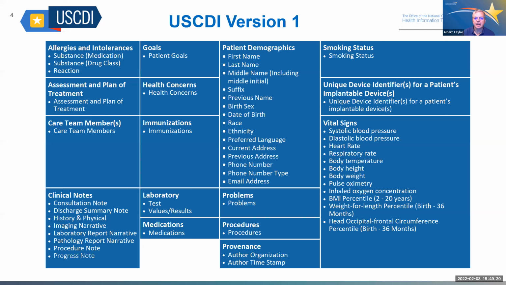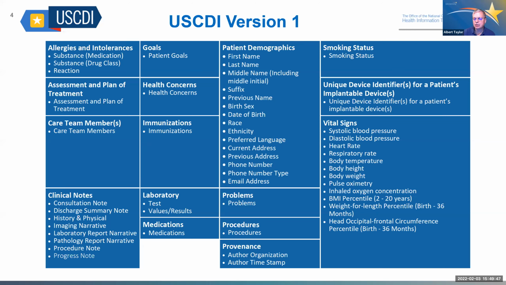The first version of USCDI, which is the one that was instantiated through the Cures Act final rule, which we published in May, I think it was May of last year, established an expansion of what used to be called the Common Clinical Data Set, and it involves this set of core data across the different data classes.